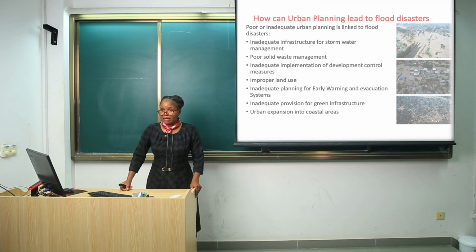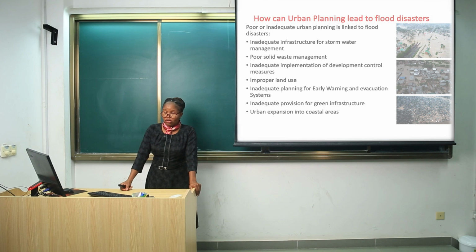So as much as urban planning may contribute to flood disasters, urban planning also plays a critical role in flood risk reduction and management. And this can happen through flood risk-based land use plans accompanied by implementation tools.